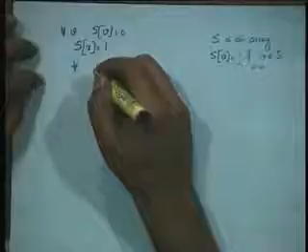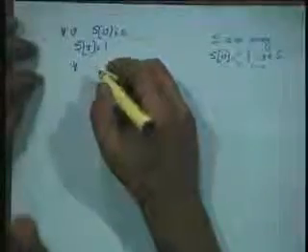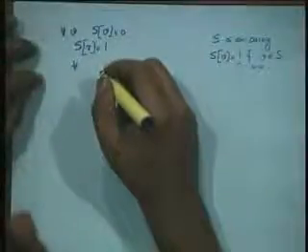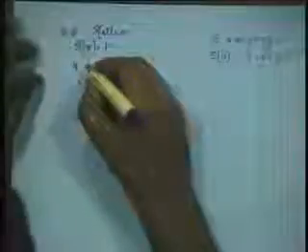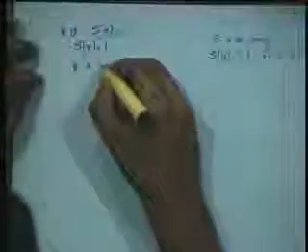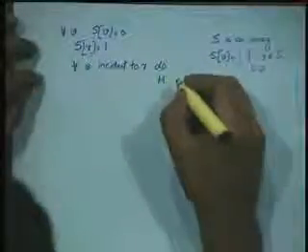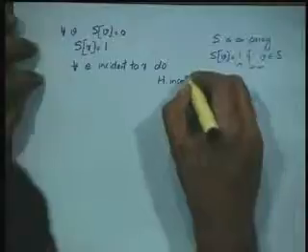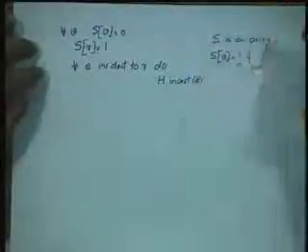So what should I do? For all E incident to R, do h, that's my heap, dot insert e, some such thing.